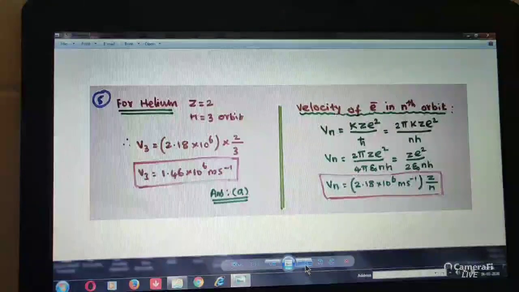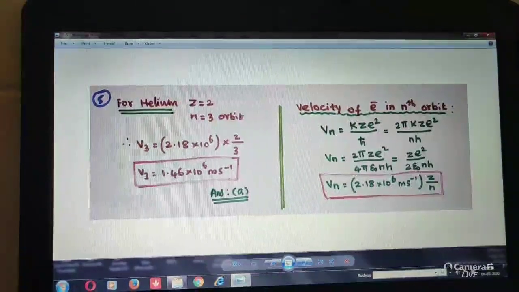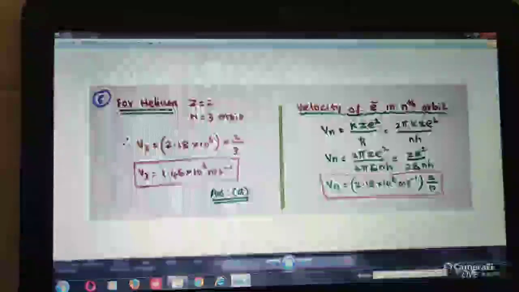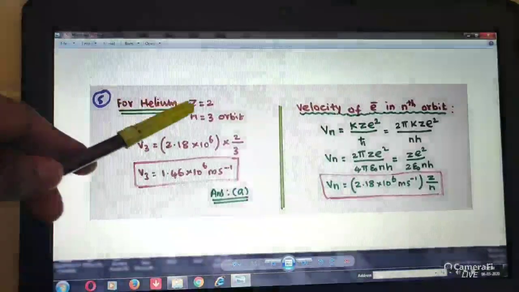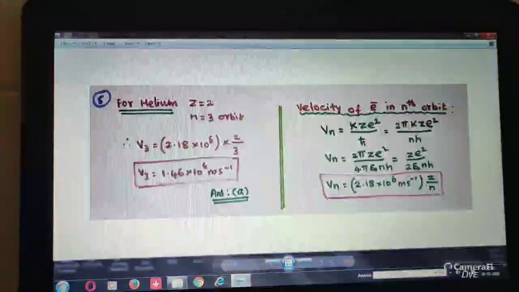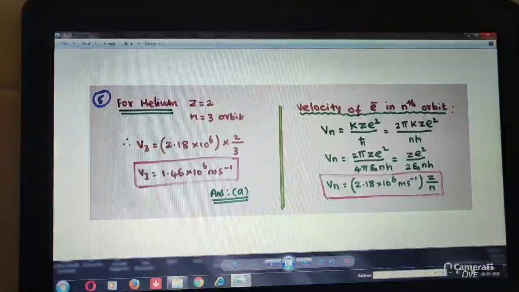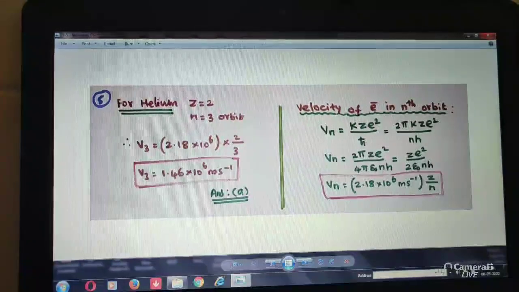See, for the same question, there is one more way to find the velocity of the electron. They mentioned the third orbit. So in the third orbit you should find the energy. So hc divided by lambda, E is equal to h nu. Lambda is not given, so 13.6 divided by n squared.